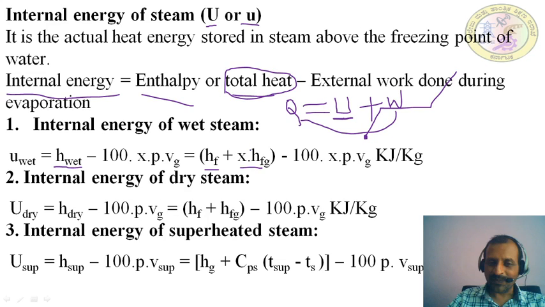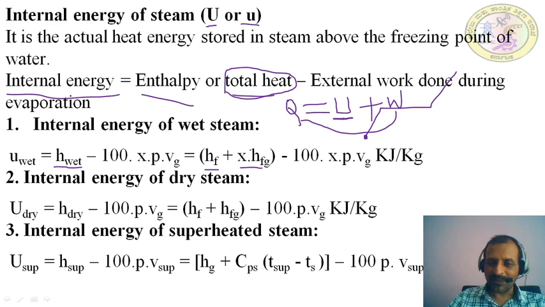Now I am replacing log to the base e with log to the base 10, so you multiply with 2.3. So I have multiplied it with 2.3 Cps log to the base 10 of the ratio of T sup, the temperature of the superheated steam, to the saturation temperature Ts. So this is kilojoules per kgK, right?